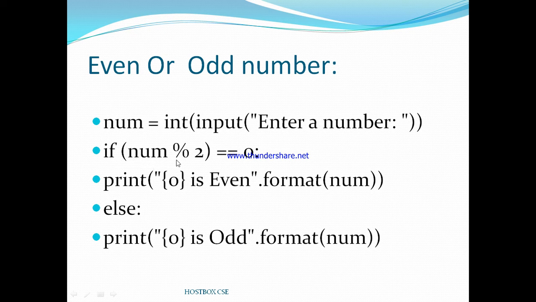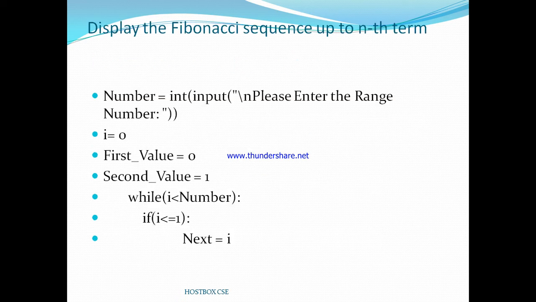If we give the condition, if number modulo 2 is equal to 0, then print it is even, with the format of number. If the number divided by 2 has remainder 0, that is an even number. Else, if the condition is false, it comes to the else statement and by default prints odd, format of number. So suppose if you give 6, it will print even number, and if you give 5, it will print odd number.